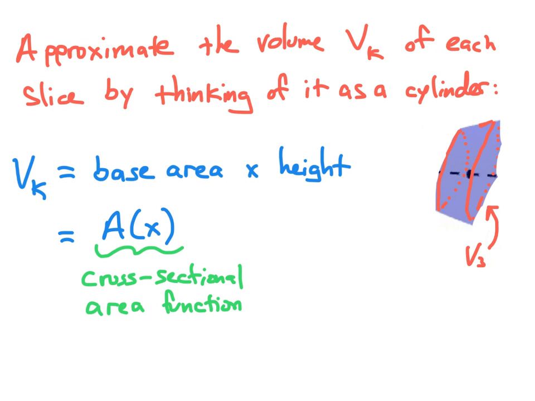So it will be the base area of our slice. Our height, though, we know is dx. We remember that each of our slices had an equal height, and we called that height dx. So the volume of our kth slice in general, v sub k, is going to be the cross-sectional area of the slice times the height of that slice, which is dx.